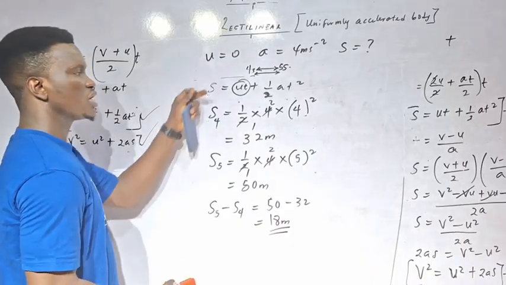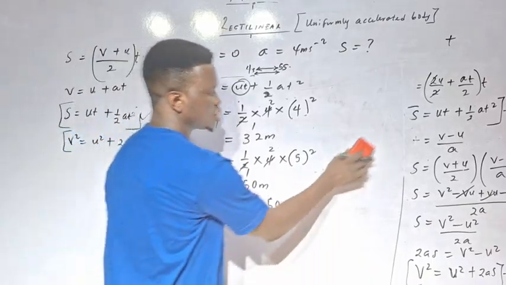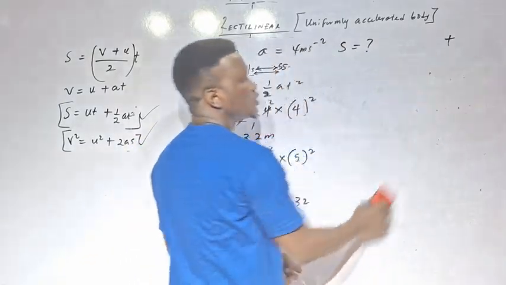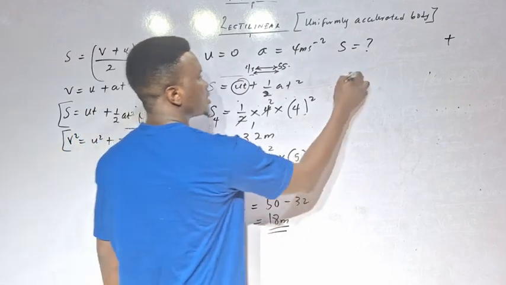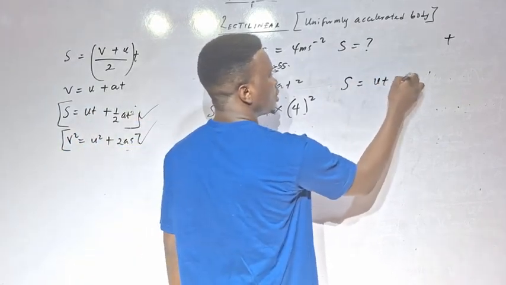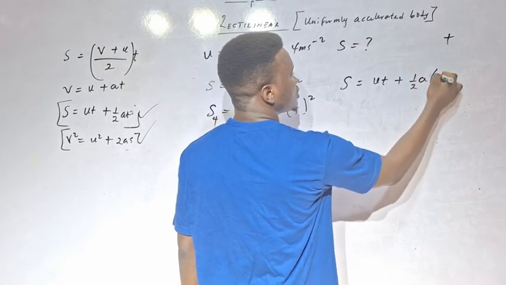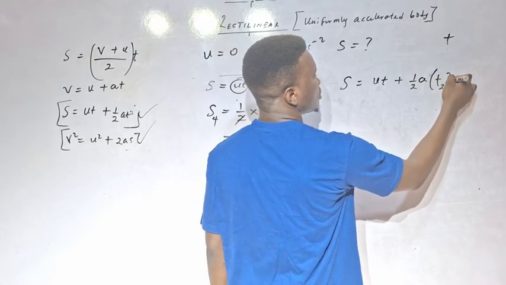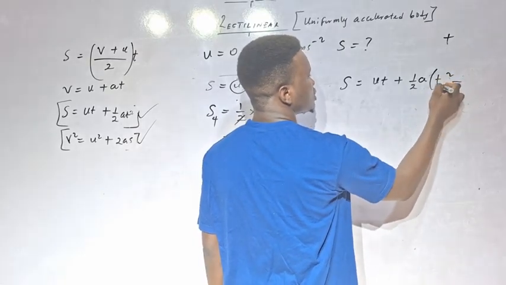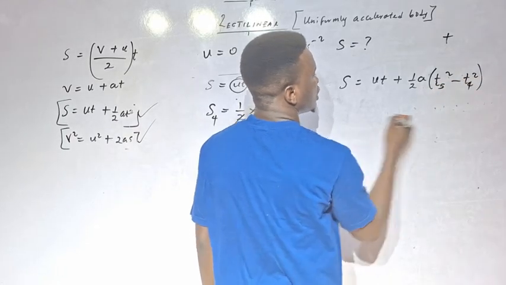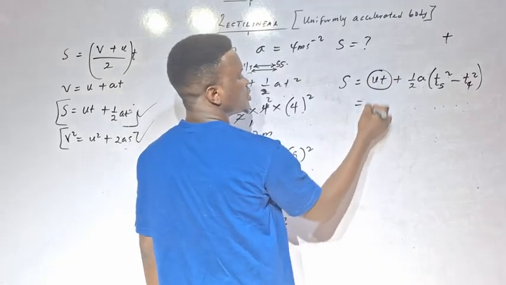But if you don't want to take this long process, you can also solve it this way. You can say s is equal to ut plus half a, t5 squared minus t4 squared. And our u is going to be 0.